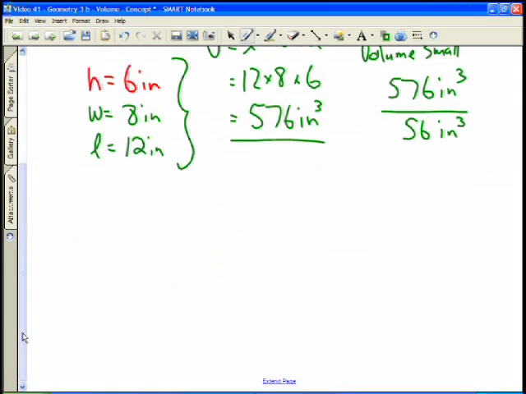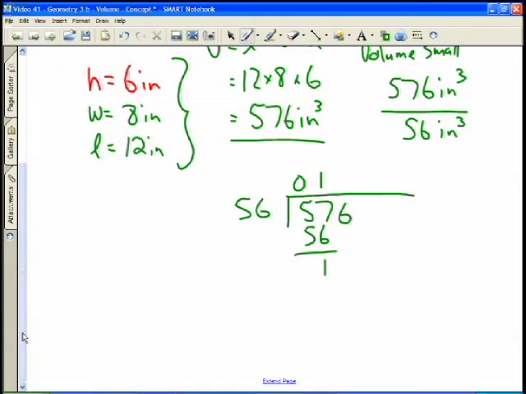And if we do the division here, we get 56 into 576, and 56 goes into 57 one time, and we're left with one.